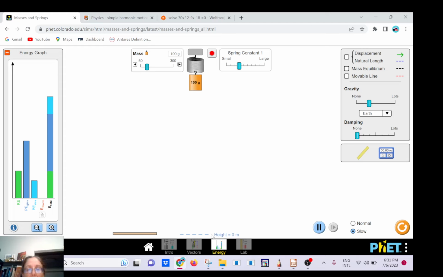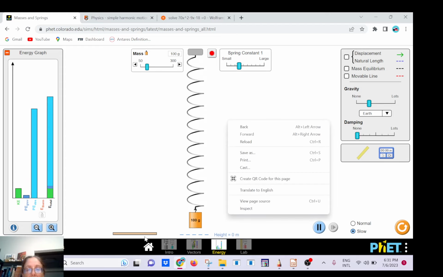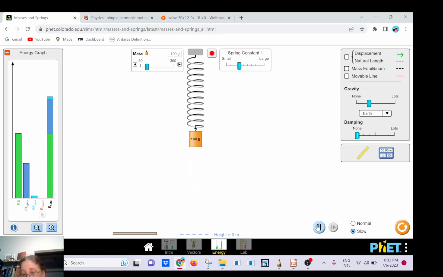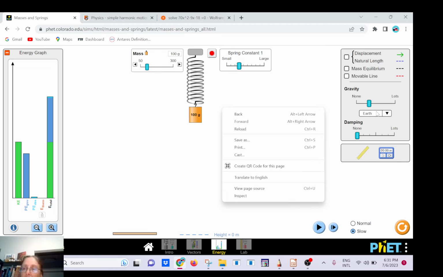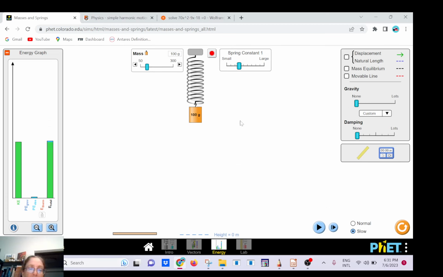Gravitational energy depends on where you put your 0. But if you remove gravity, you see that the energy is only swinging back and forth between kinetic and elastic potential energy.